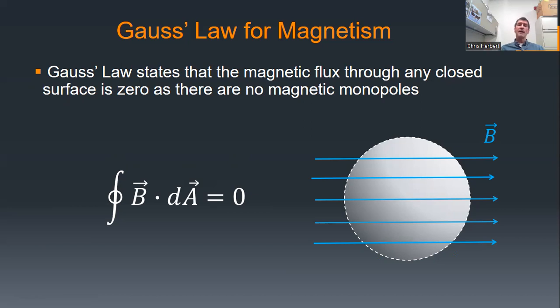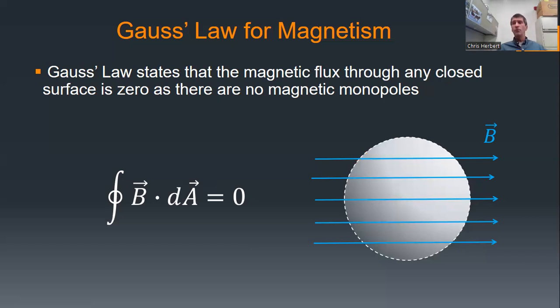What it's saying is the magnetic flux, if you remember magnetic flux from Physics 2, is the field integrated over an area. Magnetic flux must always be 0. That means that if I have a field line coming in right here, which would be equal to a negative flux, that has to be countered by that field leaving that surface, and that's a positive flux. So for every entering field line, I have to have an exiting field line.